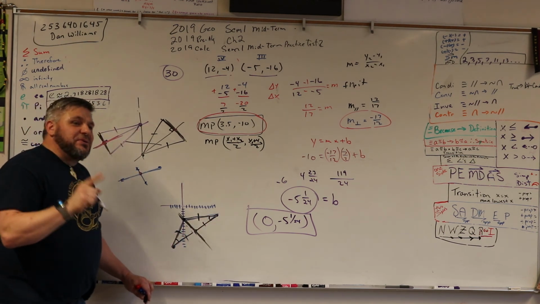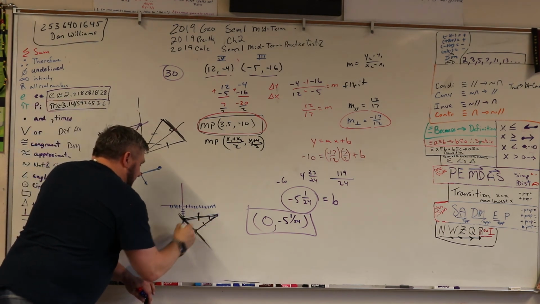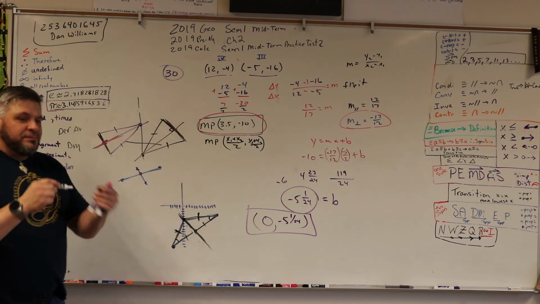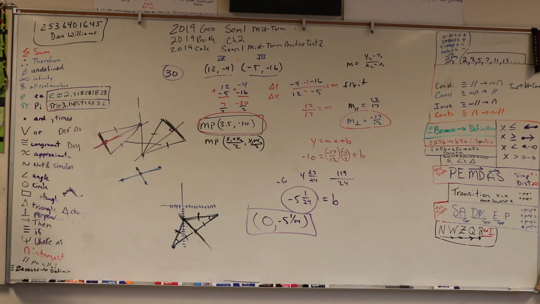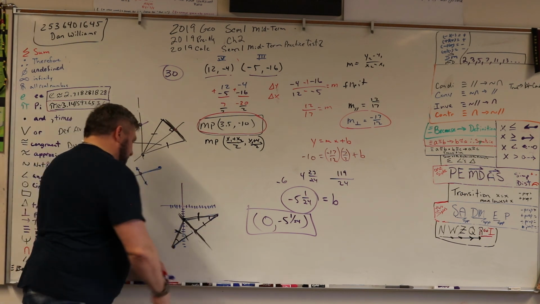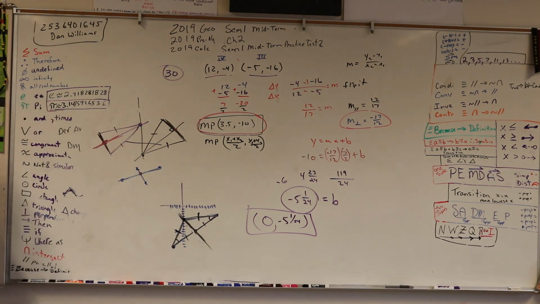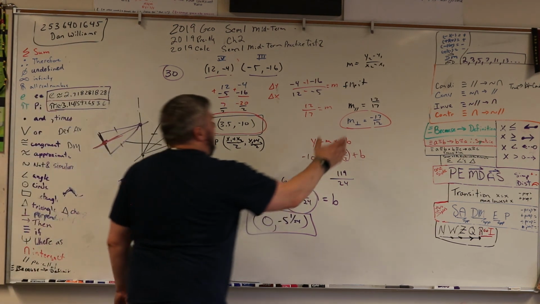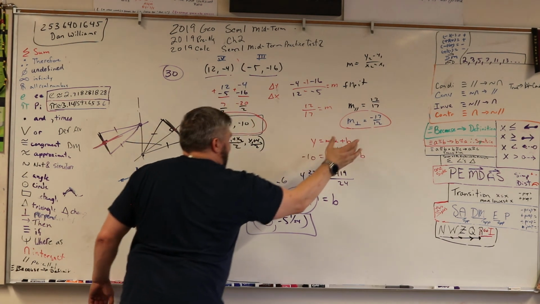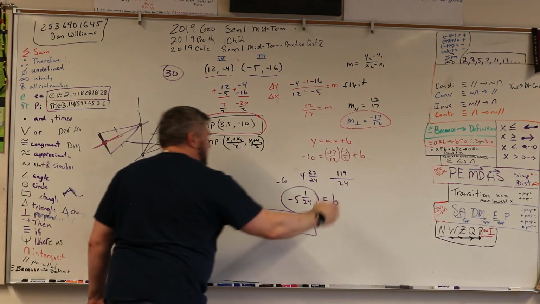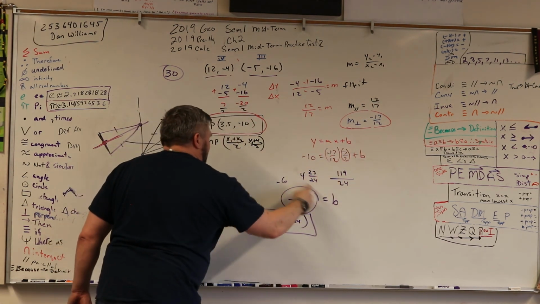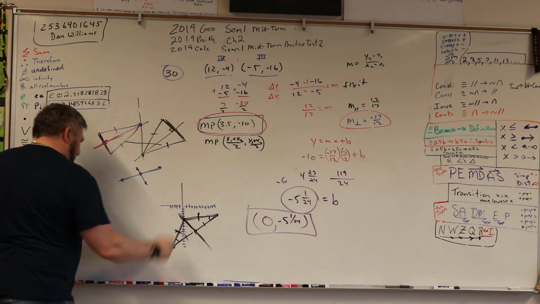And because those 2 angles are congruent, these sides have to be congruent. It's all your lovely geometry blended in with your algebra. Okay? So, knowing how to get from that into your y equals mx plus b, trying to find your b, that b is this point right here.